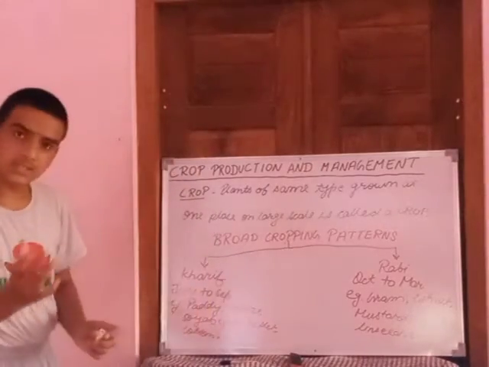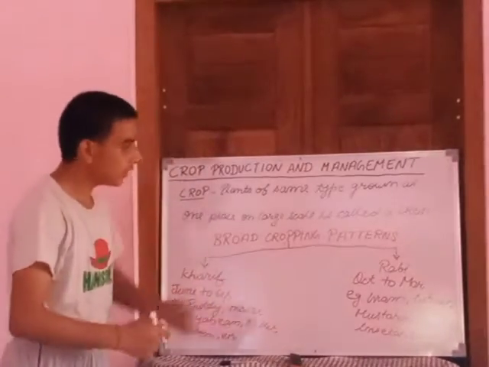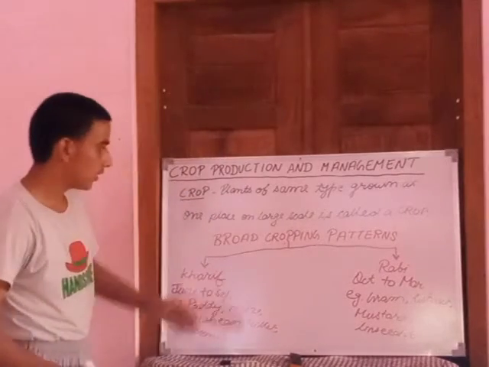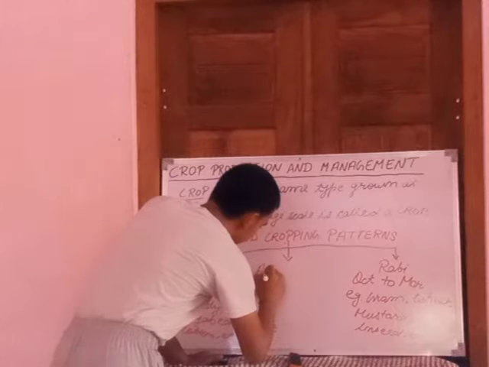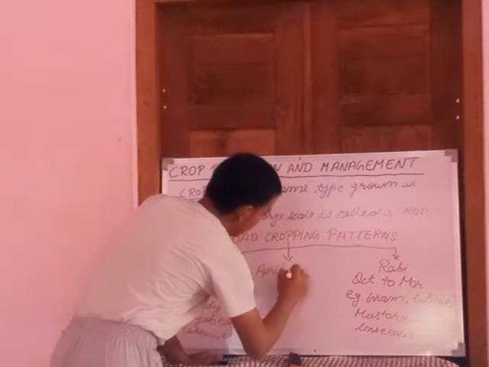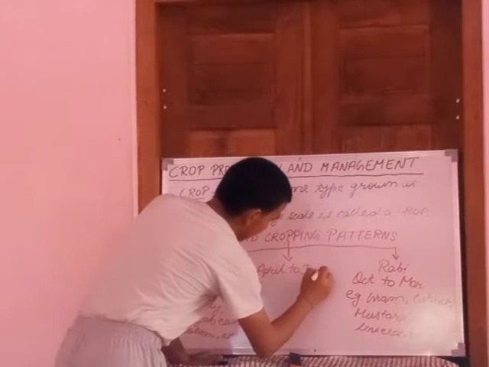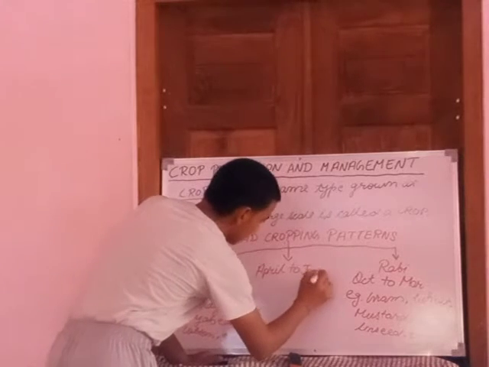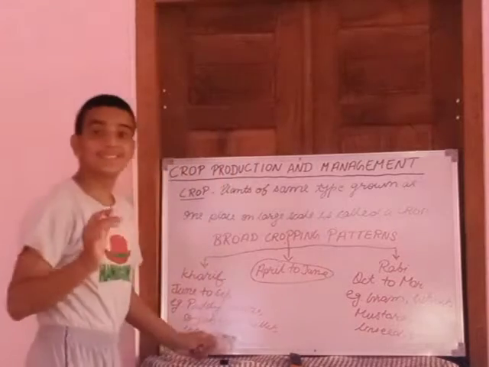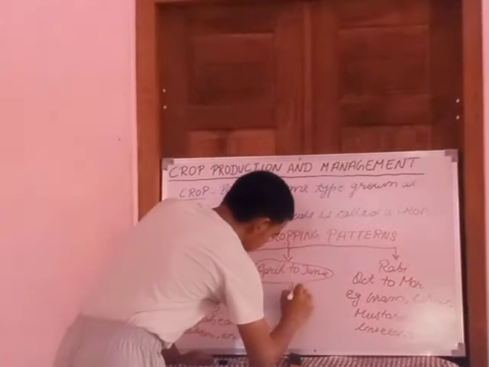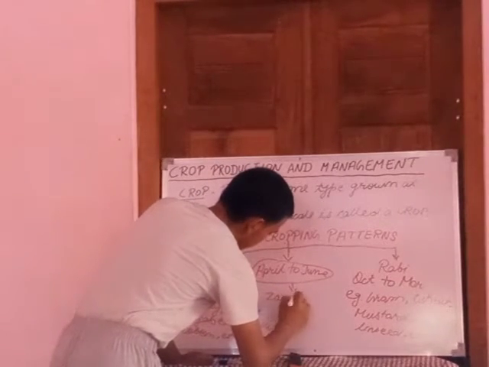Now there are crops which are grown between the Rabi crop and Kharif crop, means from the month of April to June, and these types of crops are known as Zaid crops.